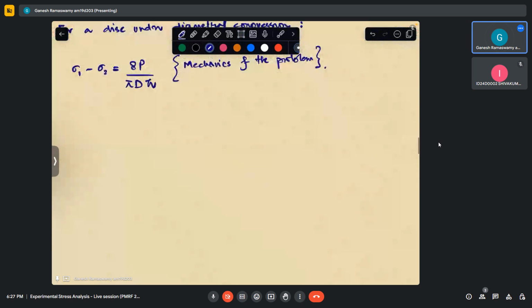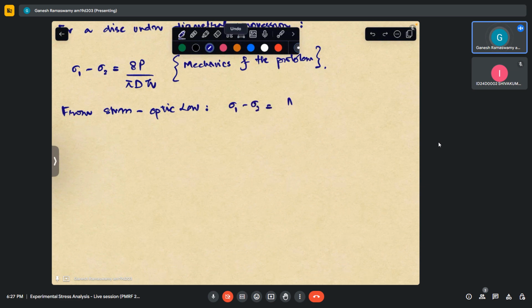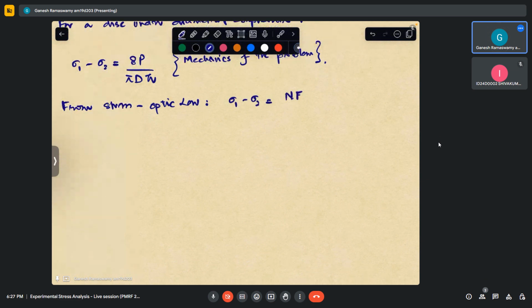Similarly, from stress optic law, we know that sigma 1 minus sigma 2 is n F sigma by h.